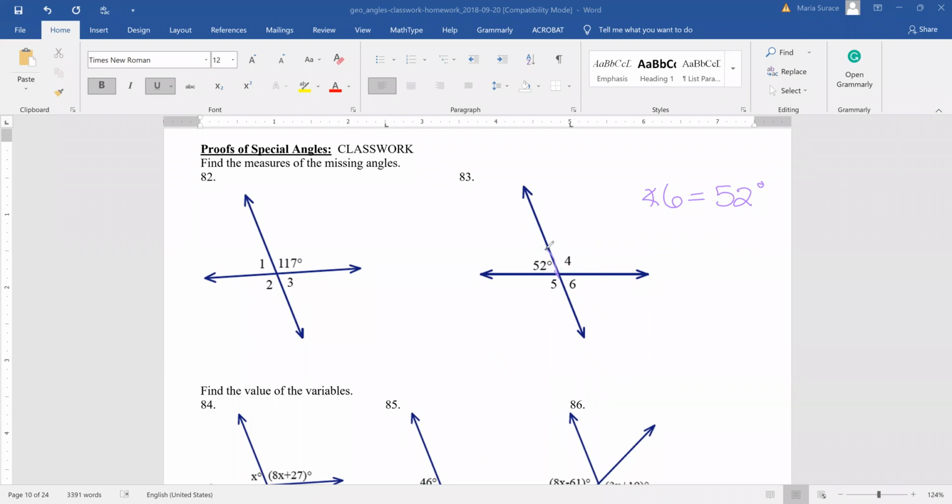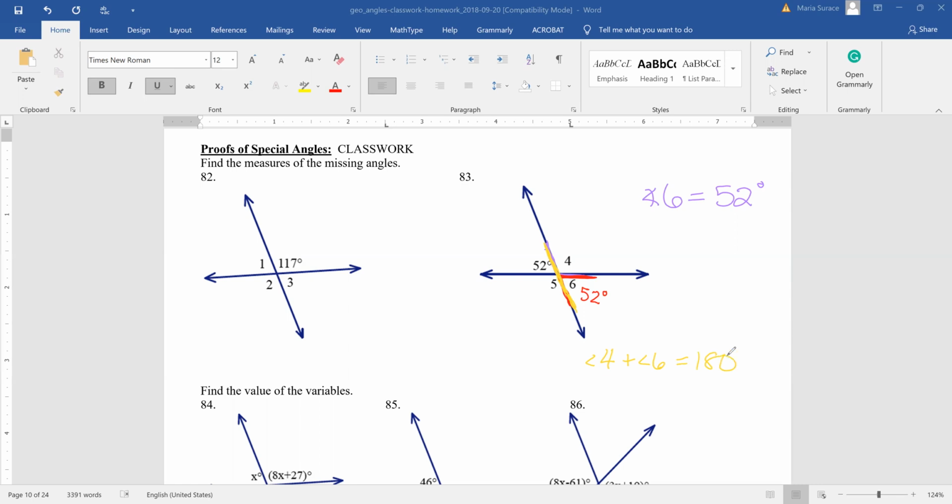Angle 4 is right here, and angle 6, the angle adjacent to it, which is 52 degrees, is right next to it. But take a look at what they create together. Together, their measures make a straight angle, which means not only are angles 4 and 6 adjacent, but they are also supplementary, which means angle 4 plus angle 6 are equal to 180 degrees.